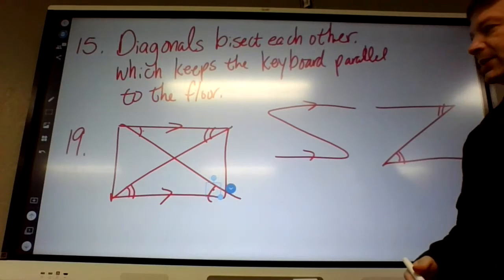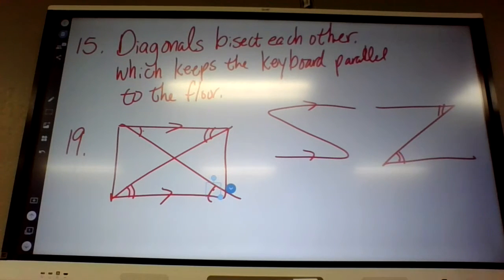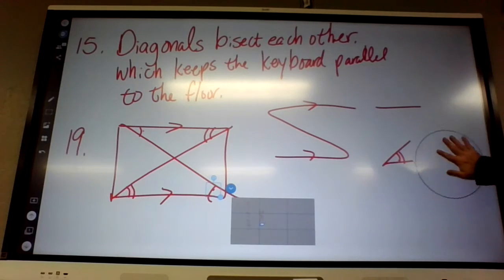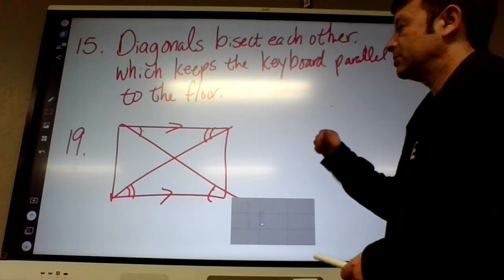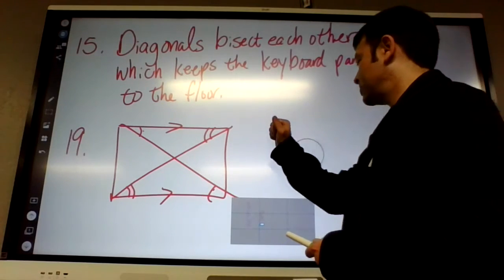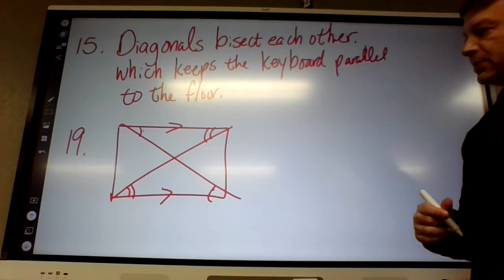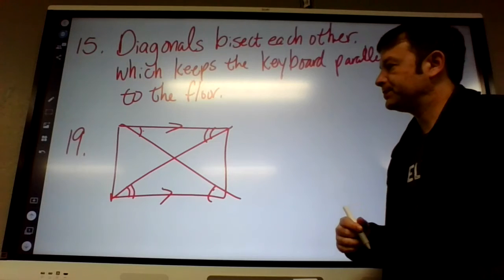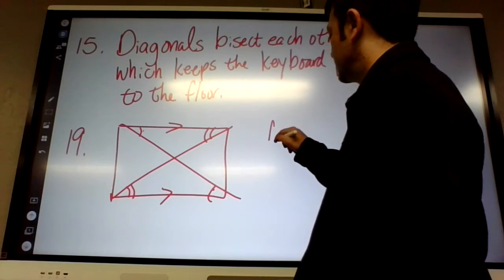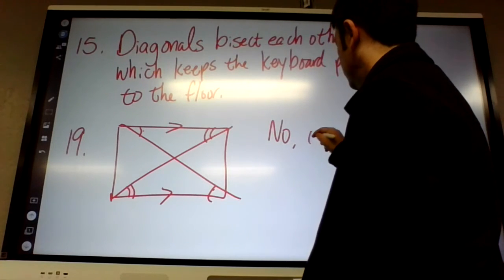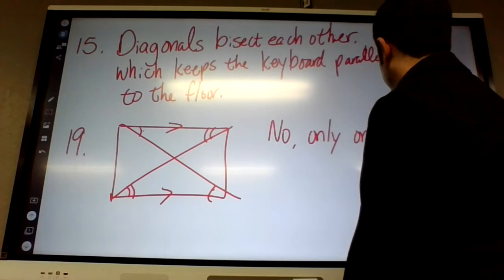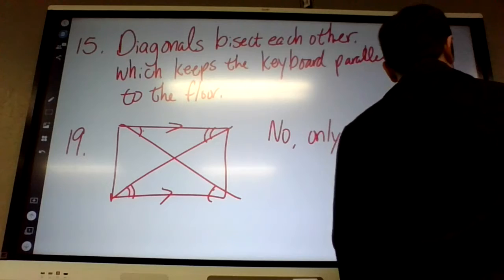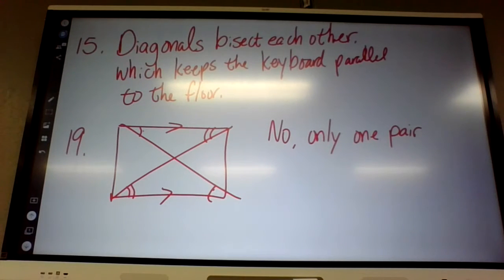Is that enough to say that that is a parallelogram? No. All we've got is one pair of opposite sides is parallel. So that's not enough. So the answer is actually no.